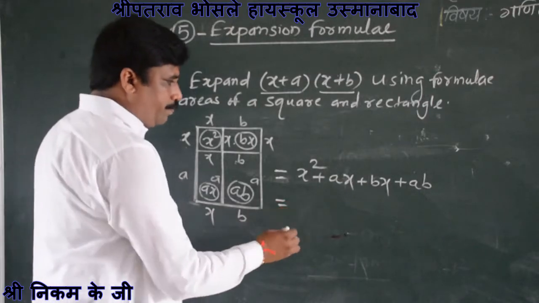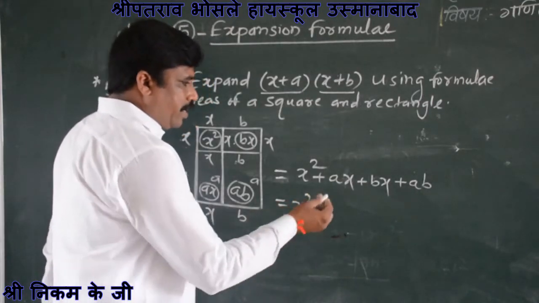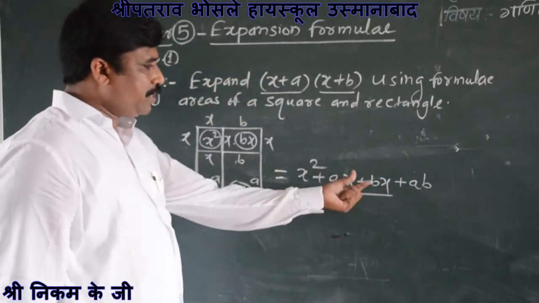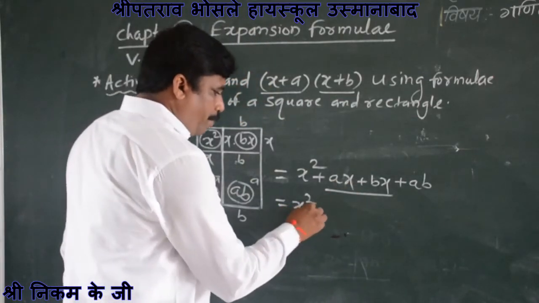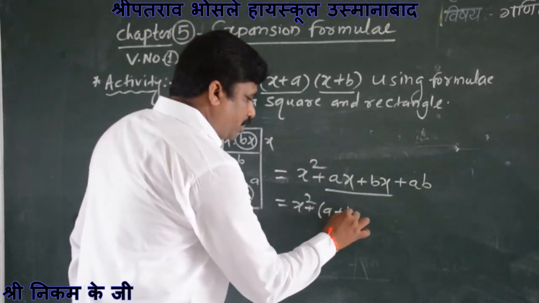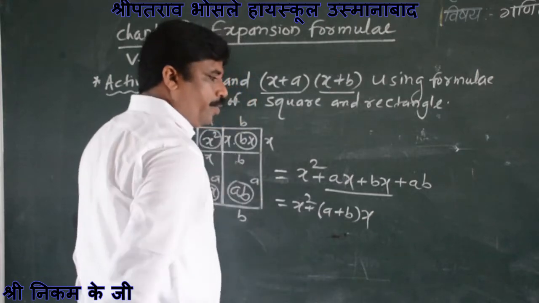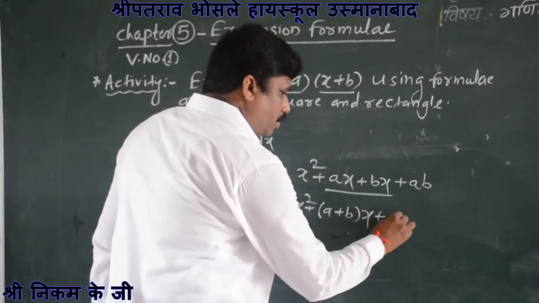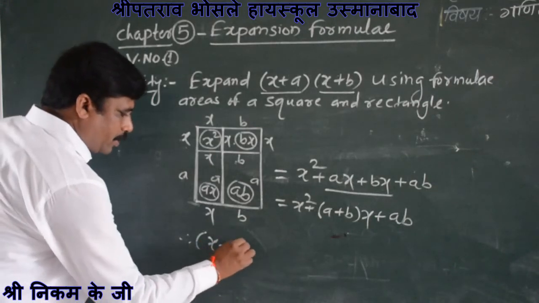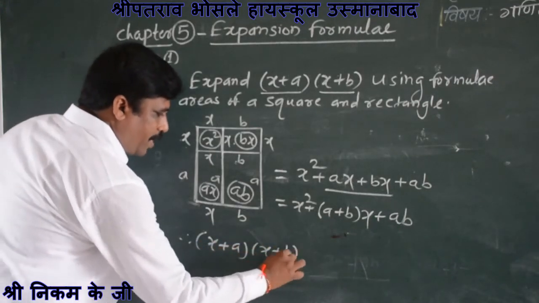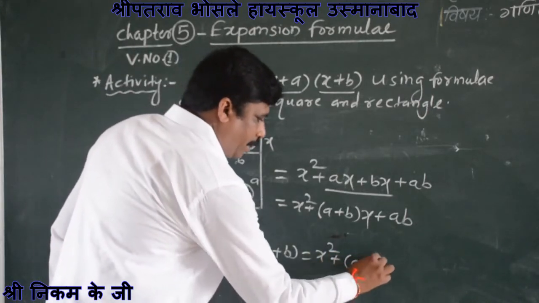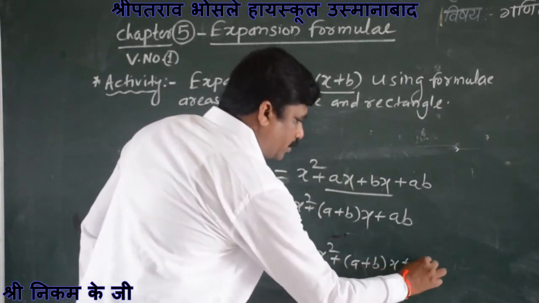which is equal to x square as it is. Here like terms ax plus bx, in bracket, x times a plus b, plus ab. Therefore x plus a into x plus b is equal to x square plus, in bracket a plus b, into x plus ab.